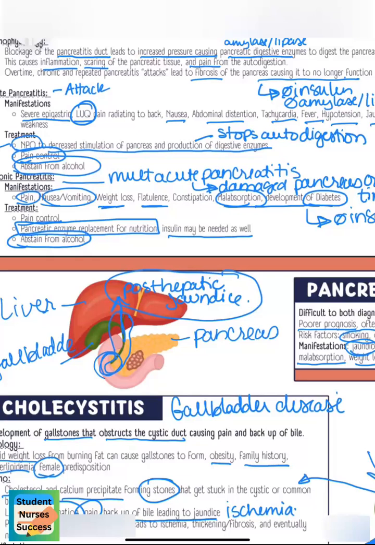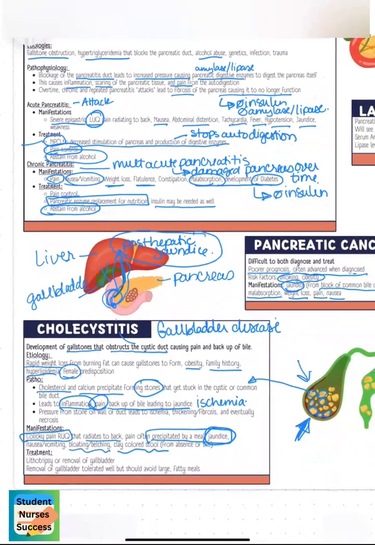It just won't be stored. So this will be removed, but bile will still drip down into the intestine, and that will work out fine for individuals unless they eat a real large fatty meal, and then they won't get that extra squirting or dose of bile that's been stored in the gallbladder.